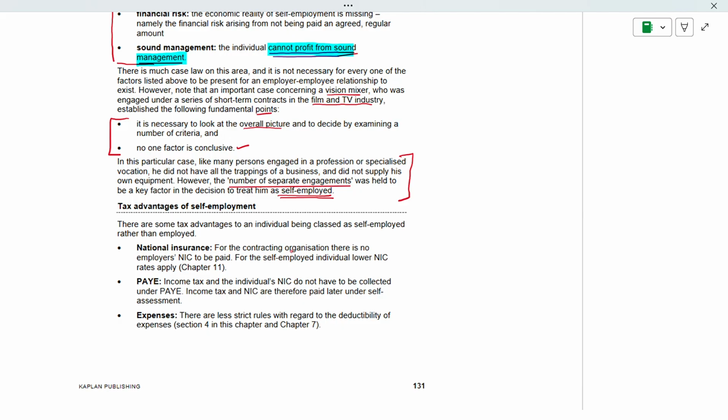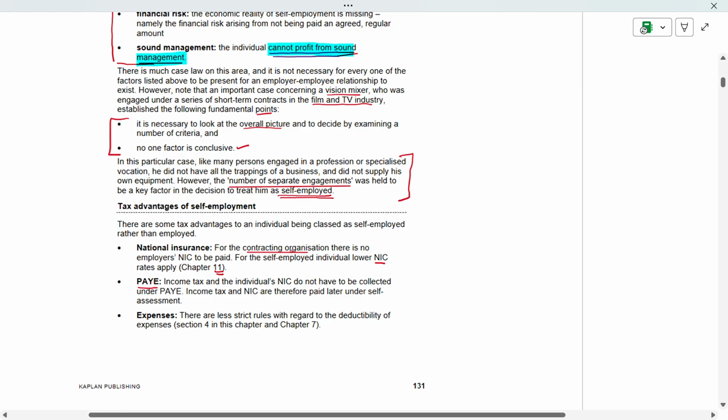Yes, sir. Okay. Tax advantages of self-employment. There are some tax advantages to an individual being classed as self-employed. For a contracting organization, there is no employer's NIC to be paid. For a self-employed individual, there is a lower NIC, which we will cover in chapter 11. PAYE, we have done in the first or second chapter.